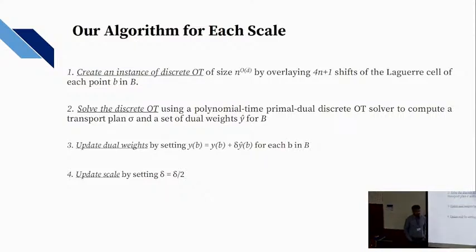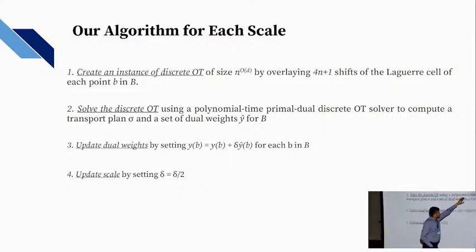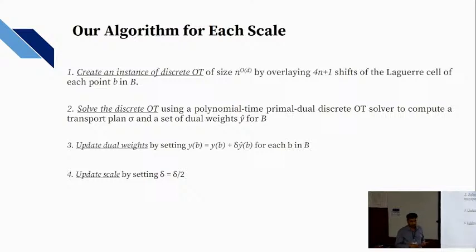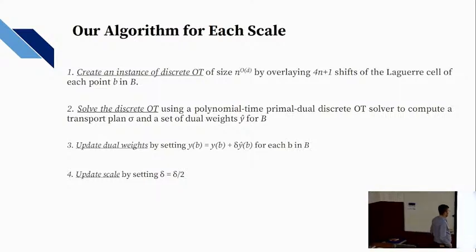Right. So you create your discrete instance and basically you solve it using any primal dual discrete OT solver, and since it's a primal dual solver, it will give you the optimal transport plan as well as a set of dual weights associated with that optimal transport plan.